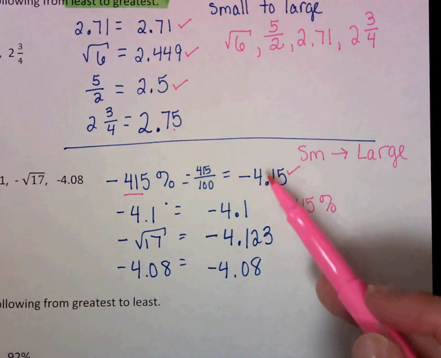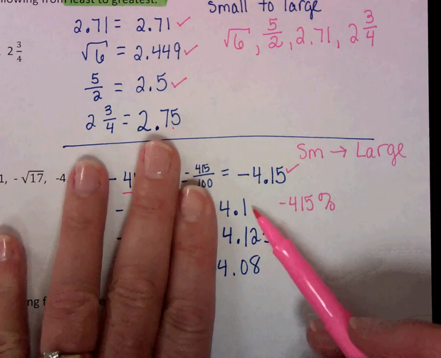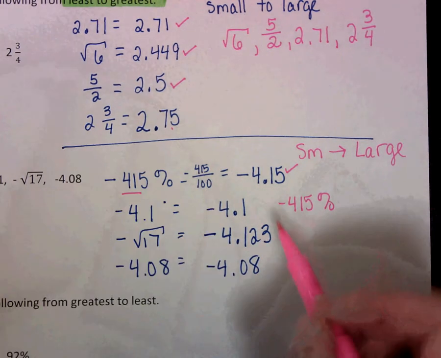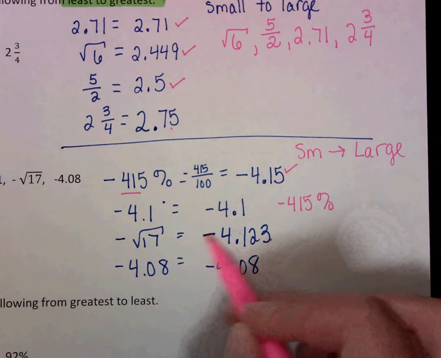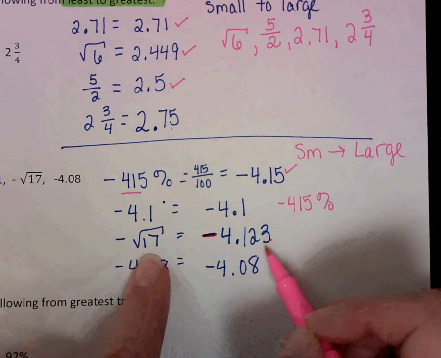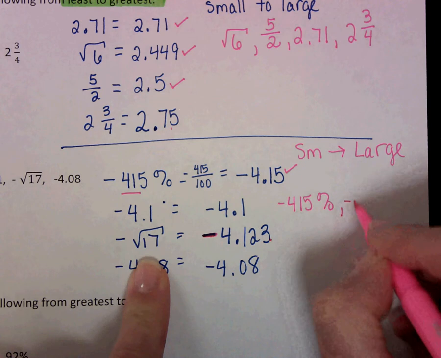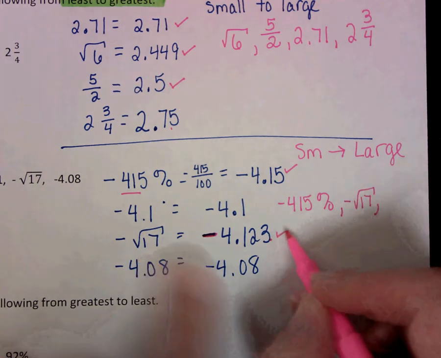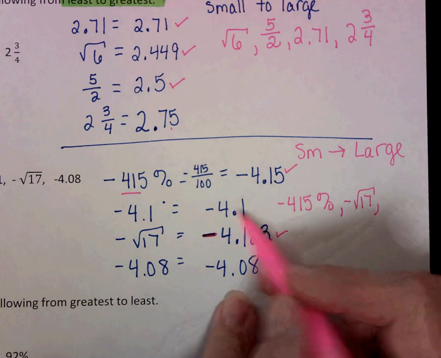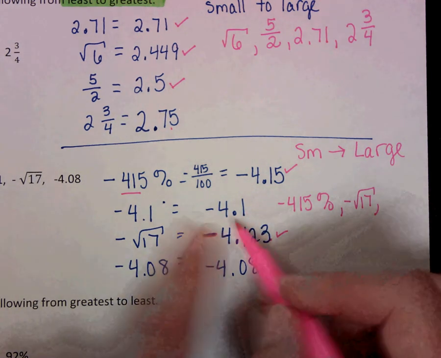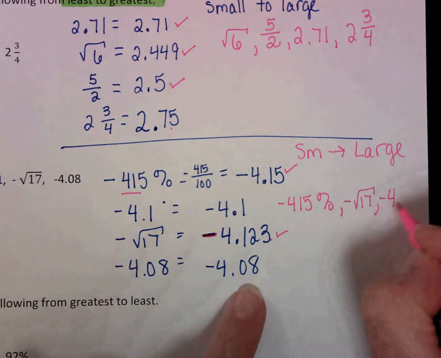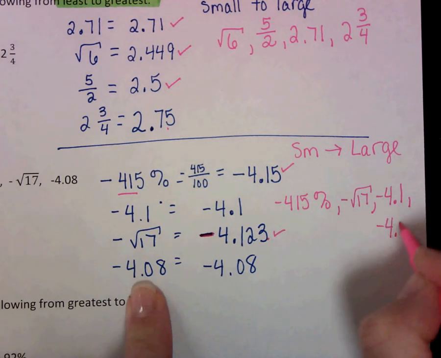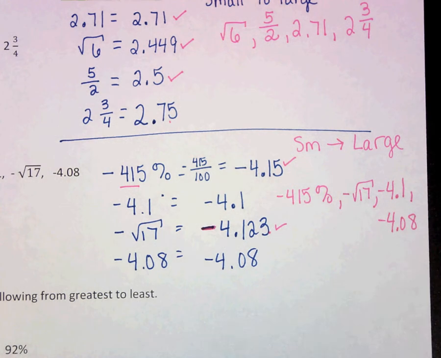Now which one of these, not thinking about the negative, is the largest? Well, it's this one, right? If it's negative, that means it's the smallest. So negative the square root of 17. Which one would be furthest from 0? Negative 4.1. And then our last one would be negative 4.08.